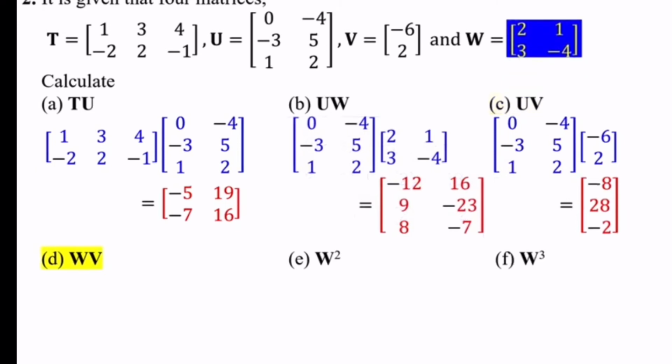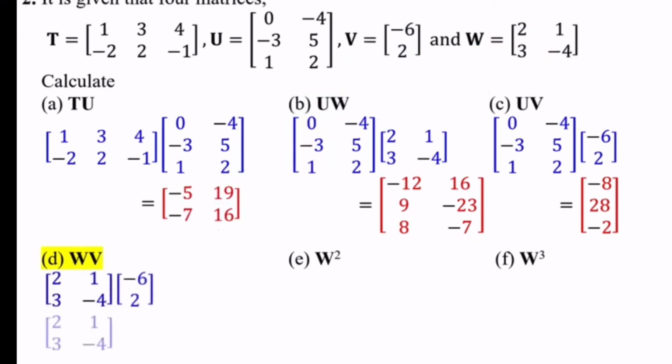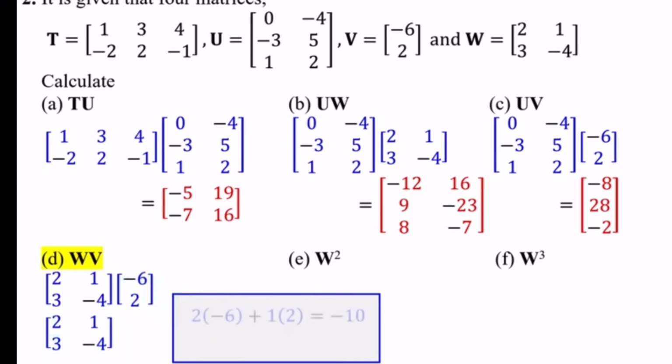Okay, for W and V, we do the same. 2, 1, 3, negative 4 is going to multiply by negative 6 and 2. So we'll have 2 times negative 6 plus 1 times 2. So we simplify the answer.